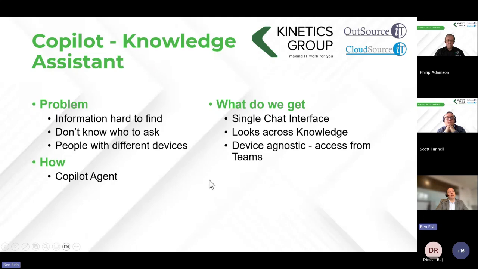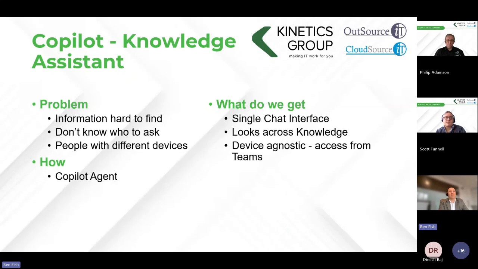Okay, so our next one here is a bit of in-house development that almost any organization can do, and that's to actually make it easier to get to company knowledge. Now, our company knowledge at Kinetics generally resides in SharePoint. Okay, so we have our policies and procedures there.